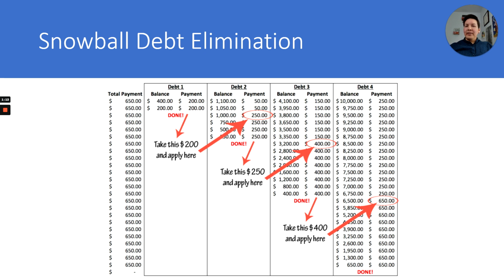You will then arrange these debts in a manner so that they are incremental in how much you have left to pay. Basically, from the debt that will be paid off the soonest to the one that will be paid off in the longest. In this example, debt 1 will be paid off in 2 months, and debt 4 will be paid off in years.